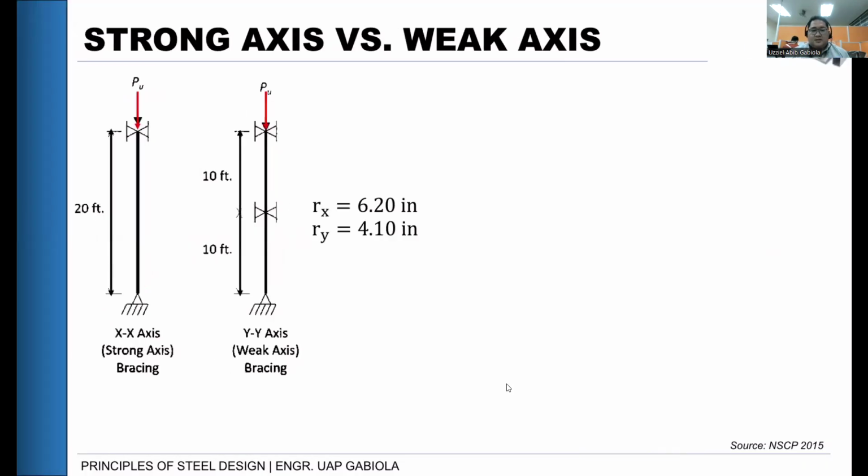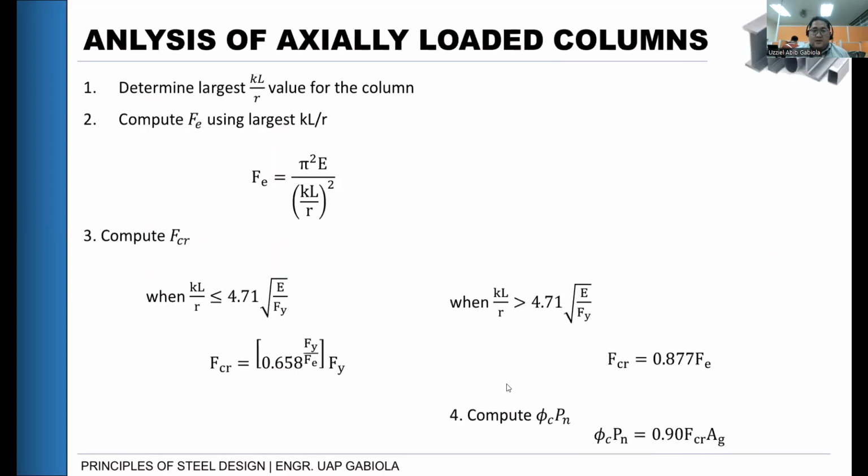Alright? So that is yung effective length factor, yung slenderness ratio natin, yung use ng slenderness ratio. Next meeting, we will be discussing how to analyze na yung actually loaded column.